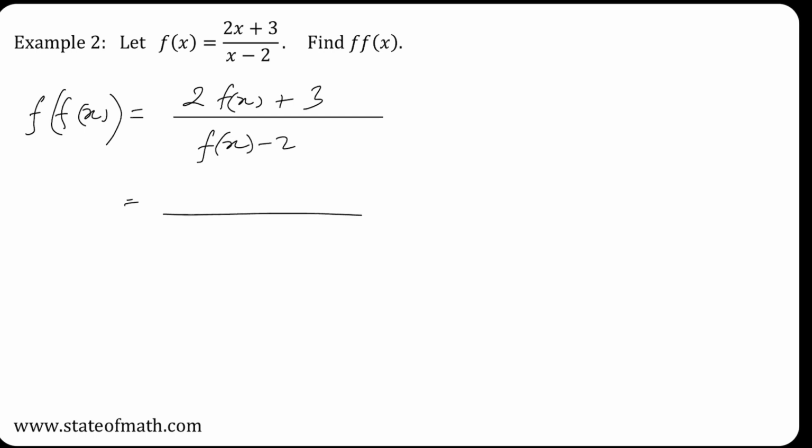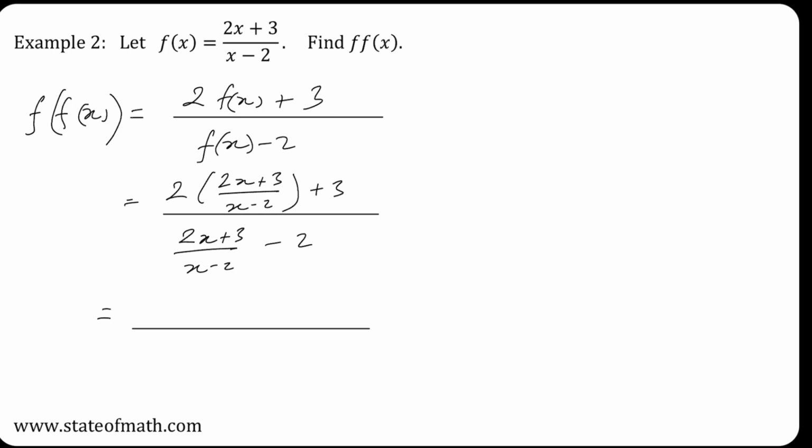So now let's replace f of x with (2x plus 3) over (x minus 2). This gives me 2 times (2x plus 3 over x minus 2) plus 3, over (2x plus 3 over x minus 2) minus 2. I will expand the numerator, that bracket.